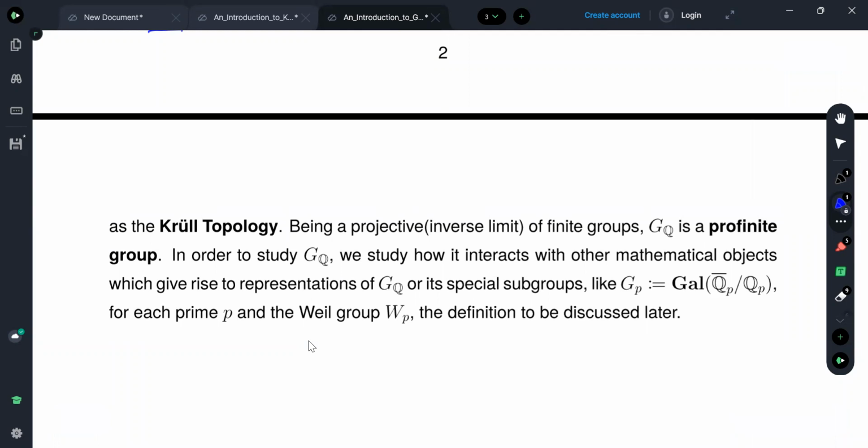By Galois representations, we actually mean representations of this group or maybe some special subgroups of GQ.